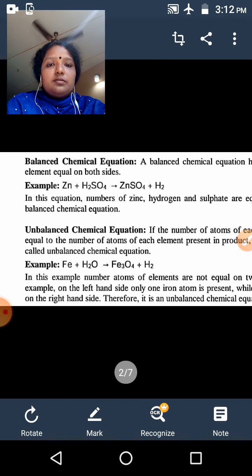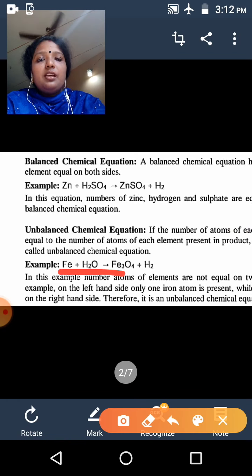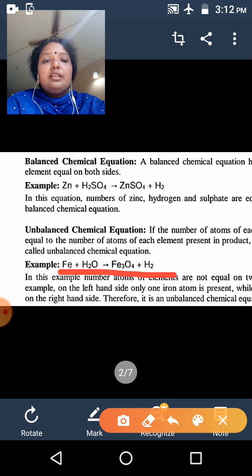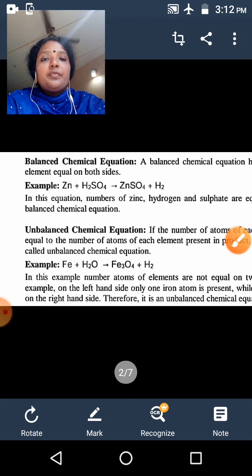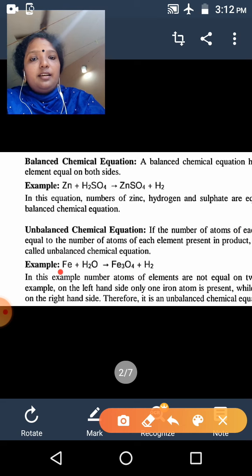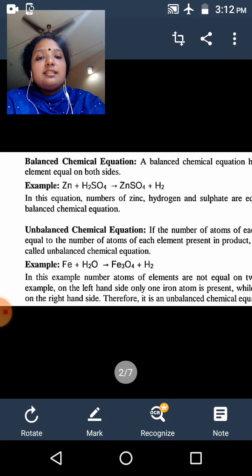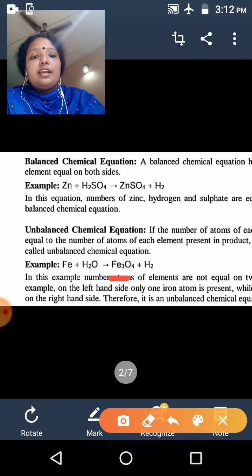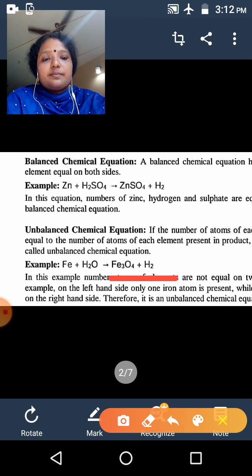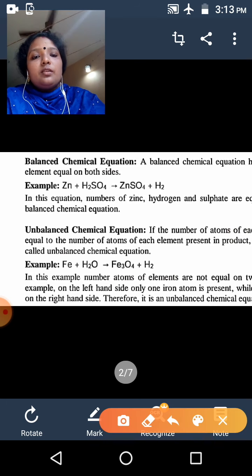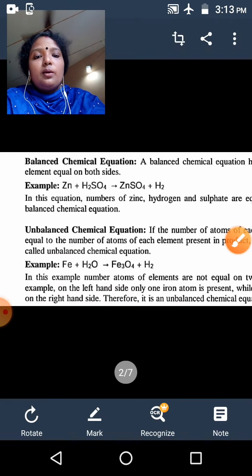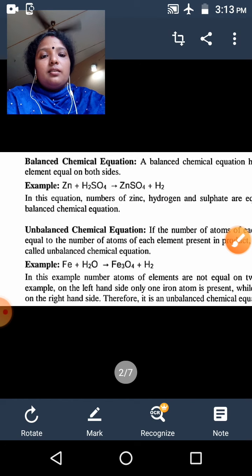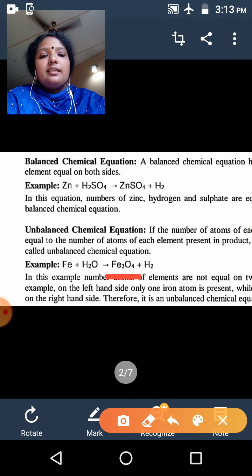Suppose you look at the equation Fe plus H2O gives Fe3O4 plus H2. Here Fe and H2O are the reactants and Fe3O4 and H2 are the products. How many Fe atoms in the reactant side? Only 1. In the product side? 3.